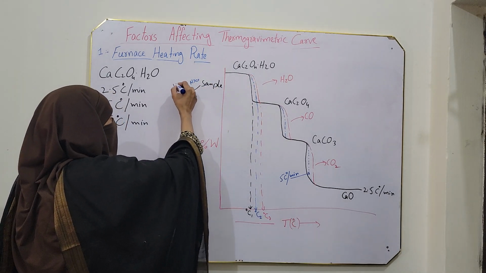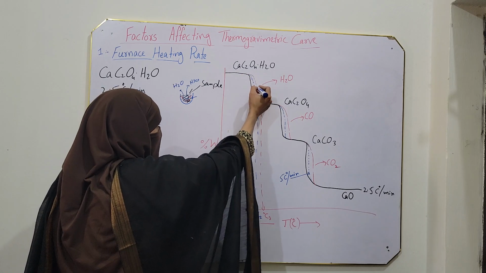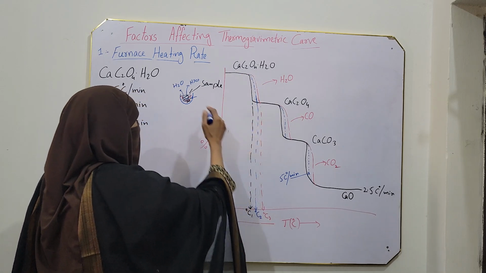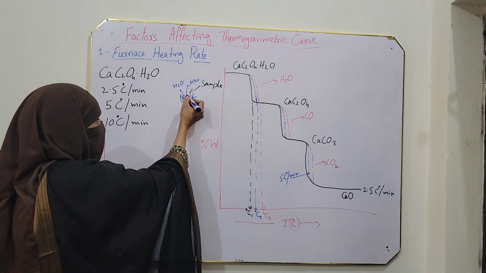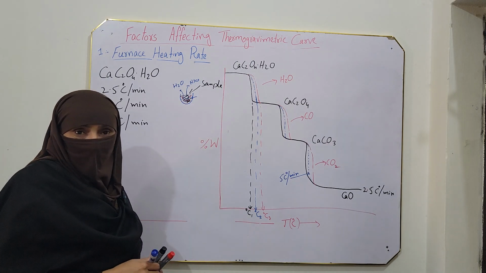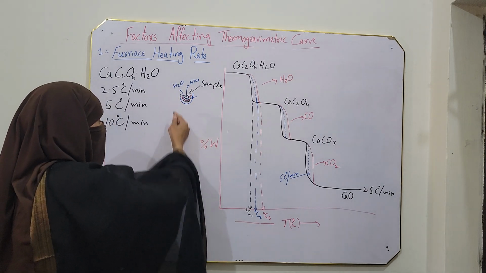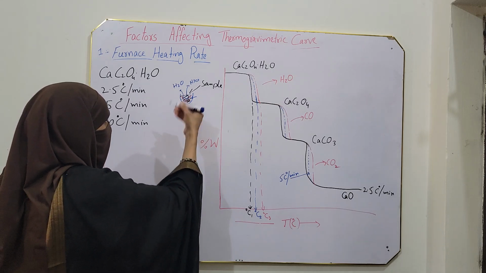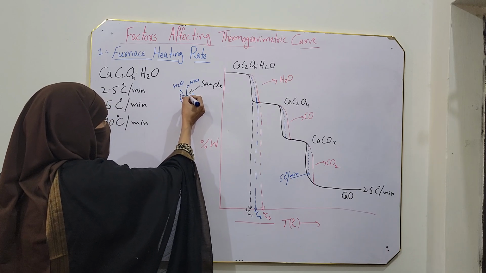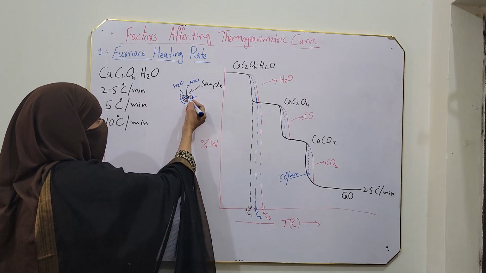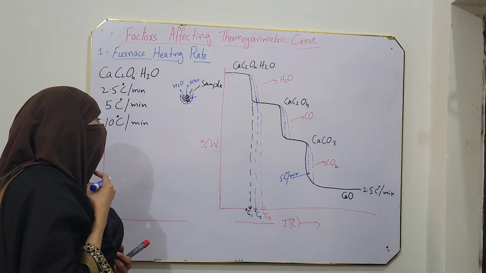So complete water evaporation shifts toward higher temperature, because at a fast heating rate, transfer of heat to the inner side becomes slower. The outer side quickly achieves that temperature, while the inner side still contains water, so water molecules slowly come out.